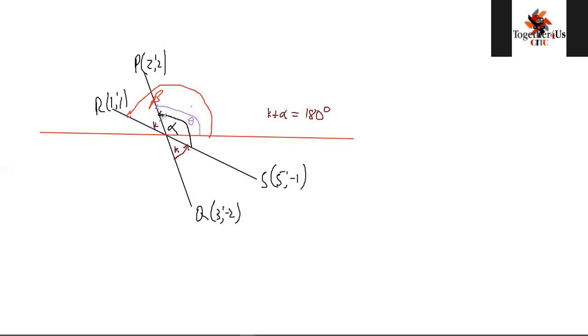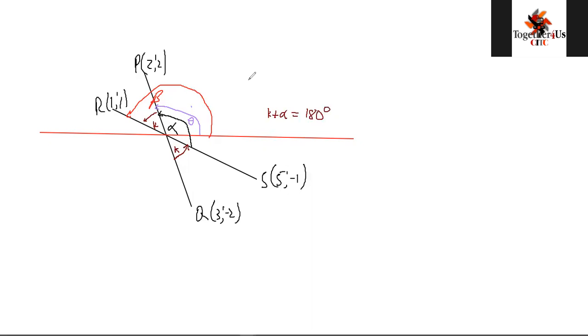So now, having noticed that, what I can therefore do is to establish a relationship between Kappa, theta, and beta. What you see now is that beta, the red one here, can actually be represented as the sum of Kappa and theta.